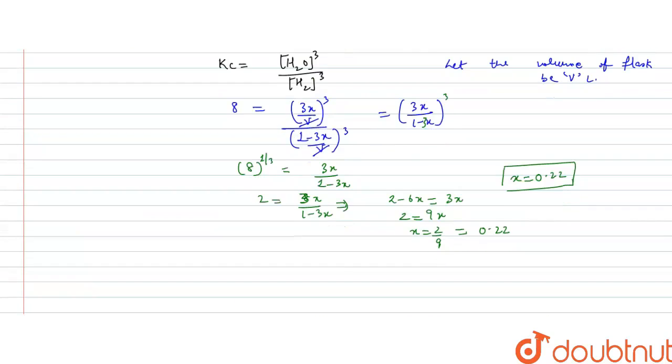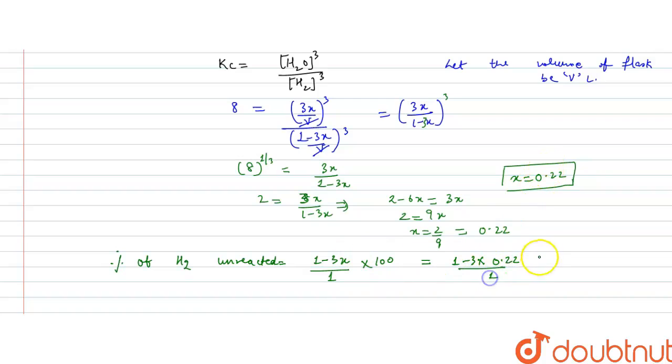So the percent of H2 unreacted will be the amount unreacted, 1 minus 3x, over the amount initially present, that is 1, into 100. Now 1 minus 3 into x, where x is 0.22, divided by 1, into 100.